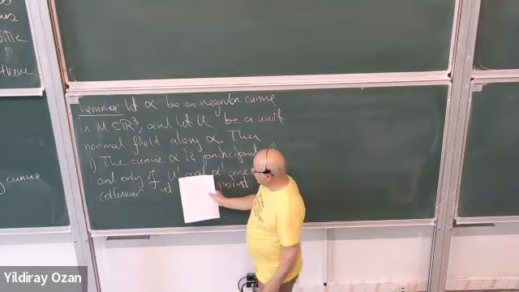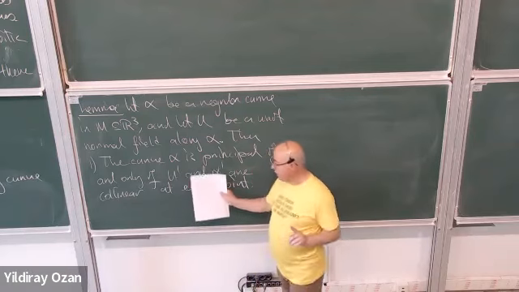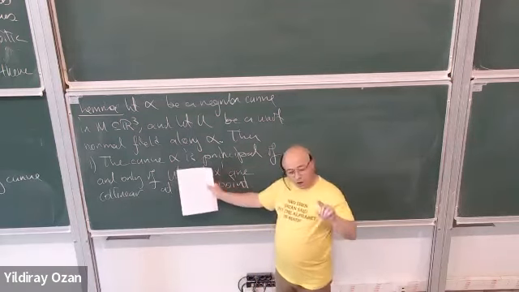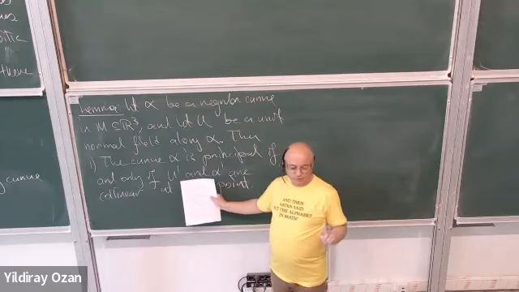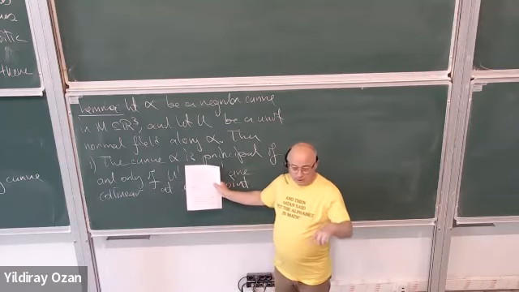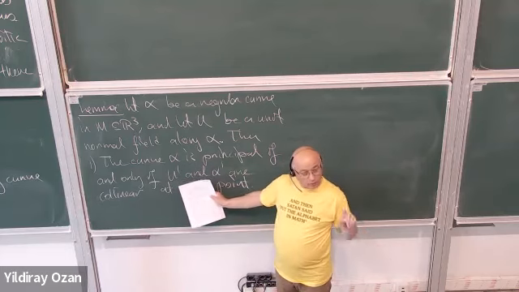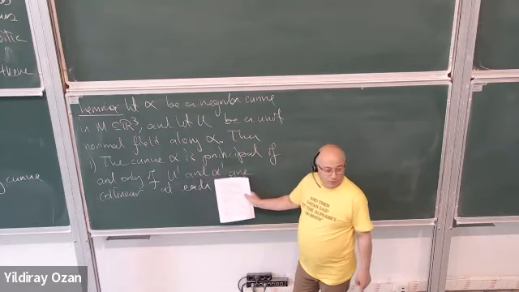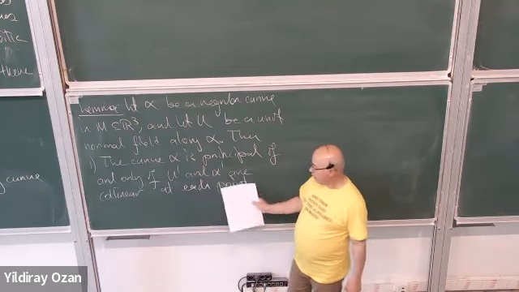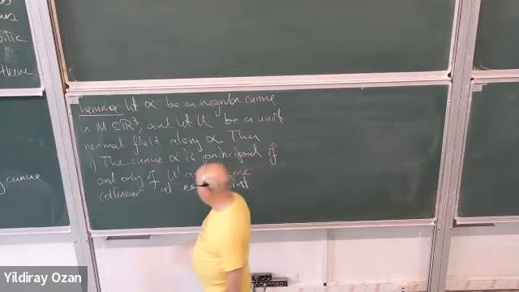So this is a vector field along alpha. You take its derivative with respect to t. You get another vector field along alpha. And you also look at the velocity vector of alpha and check whether they are collinear. Okay, so if they are parallel or not.